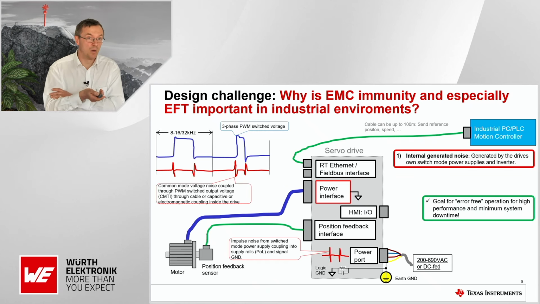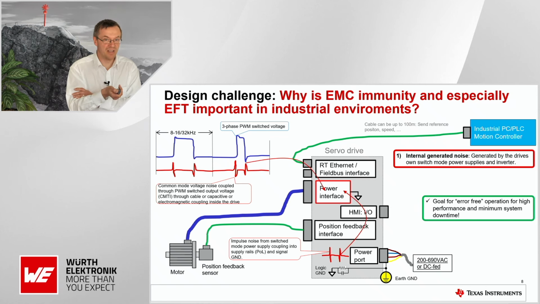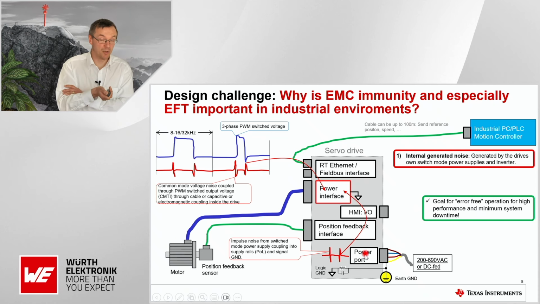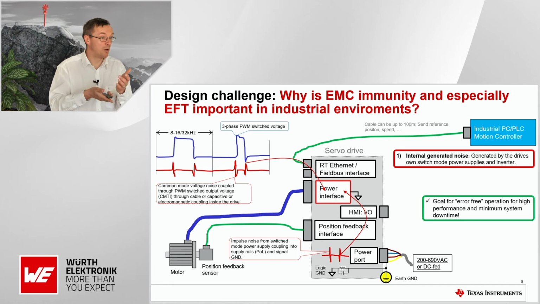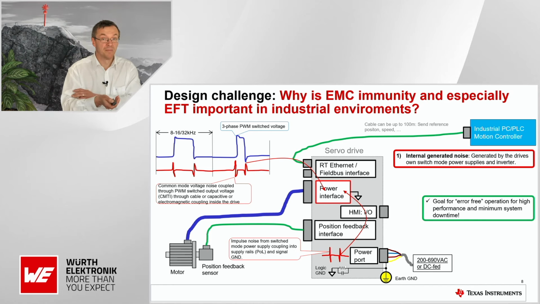And what you also see here is a little bit of showing what this noise looks like. A second point is that this noise can also be coupled on the power port. This is why when you do EMC measurements, you both test the cable, but you also test the power port for noise immunity.